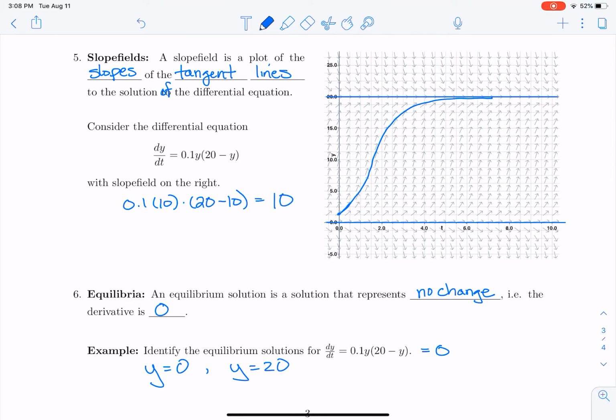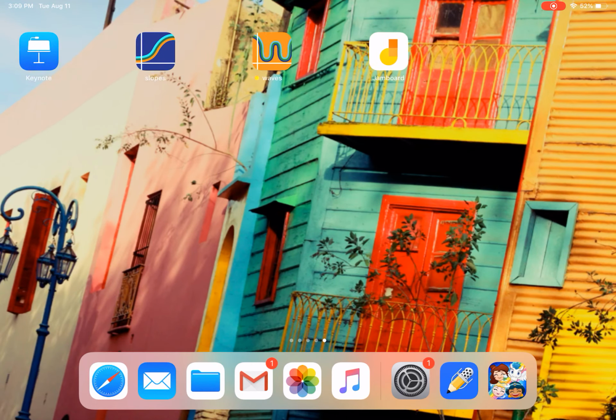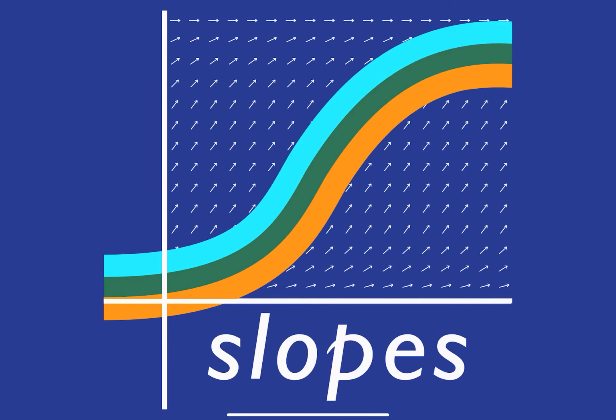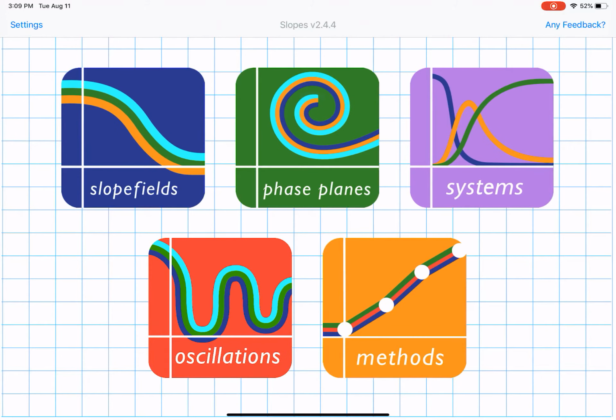Now you can explore all sorts of different kinds of slope fields using an app. I'm going to show you an app called Slopes. Slopes is an app that's currently available for the iPhone and the iPad.